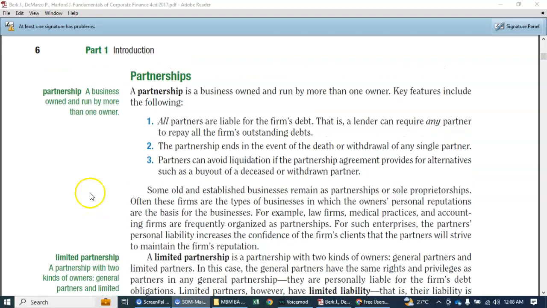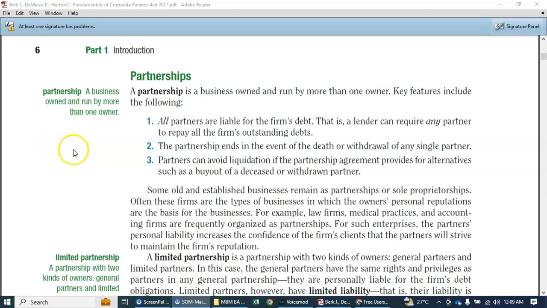Partnerships are the second form, but it's like an extended form of the sole proprietorship, because when it comes to liability, it has no limitation. The creditors of the partners or the partnership can go after any of the partners, so their personal assets can also be used for the settlement.